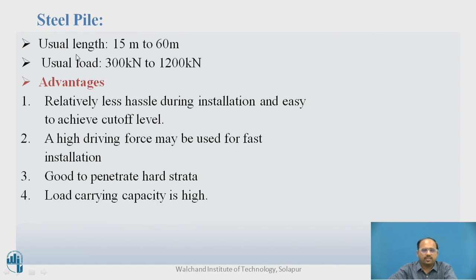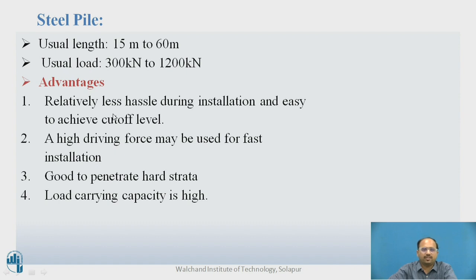Steel pile. In steel piles, the usual length is 15 meters to 60 meters, with maximum loading capacity 300 kilonewton to 1200 kilonewton. What is the main advantage of steel pile?